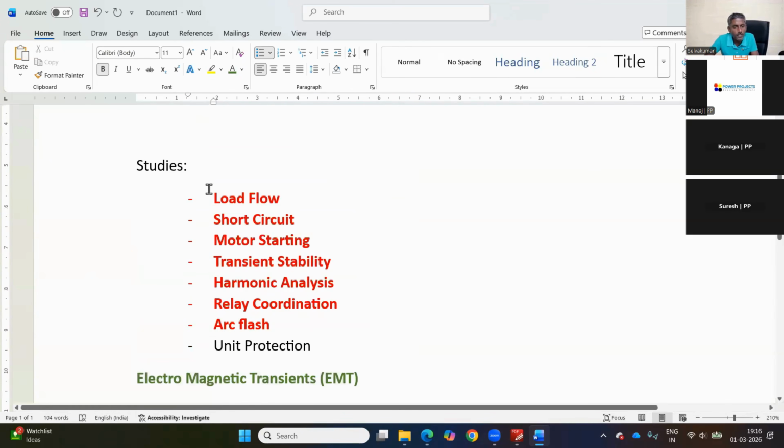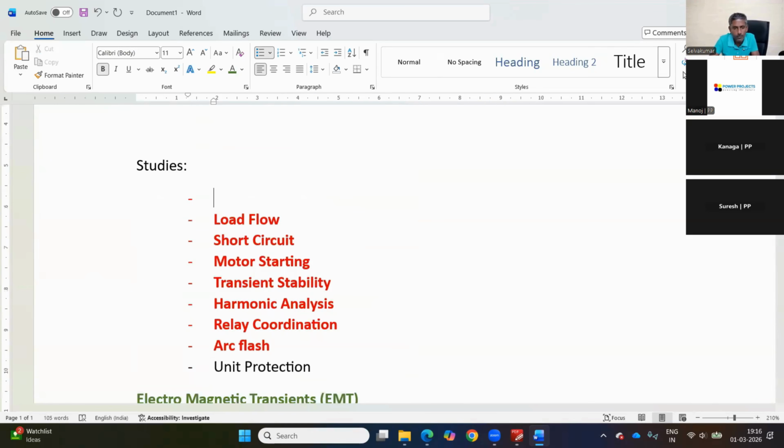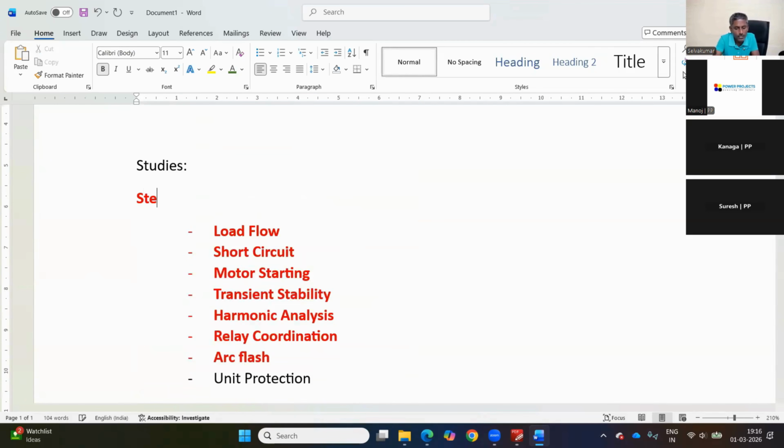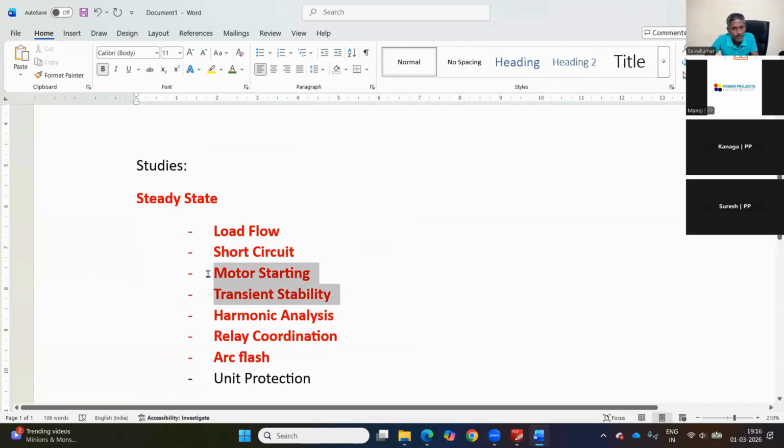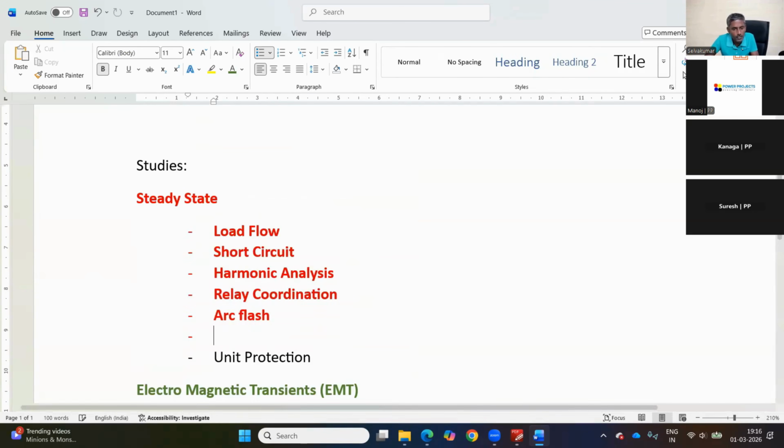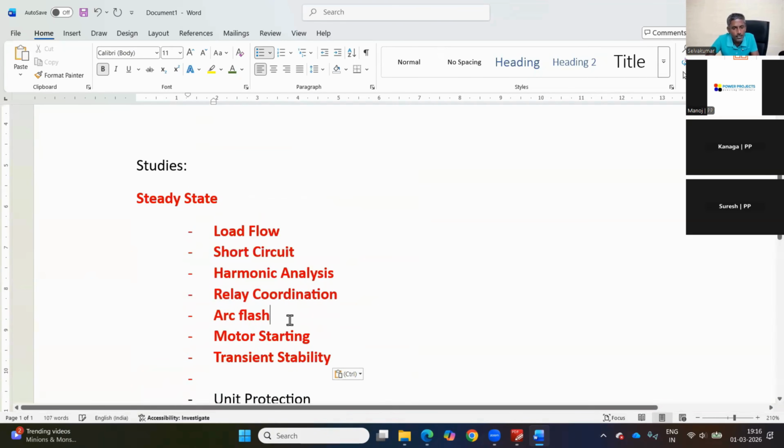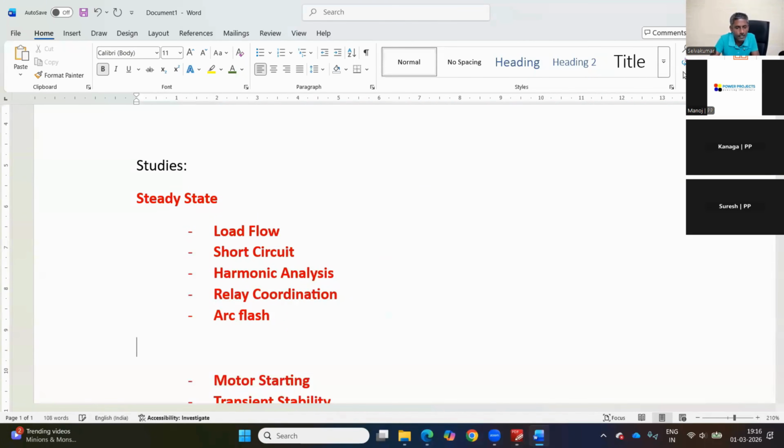And what is there in the red, probably we can make it a steady state. And this two we can split it and add electromechanical transient.